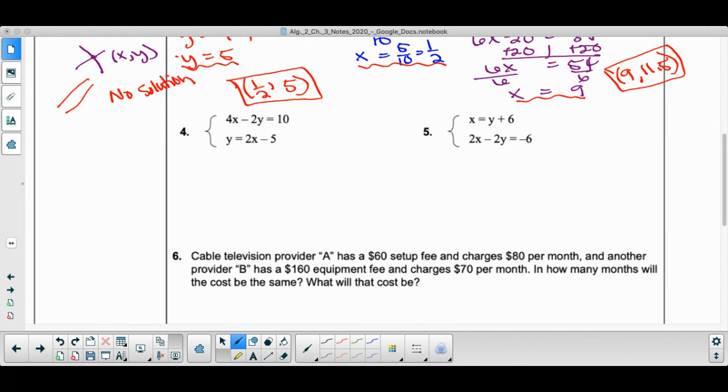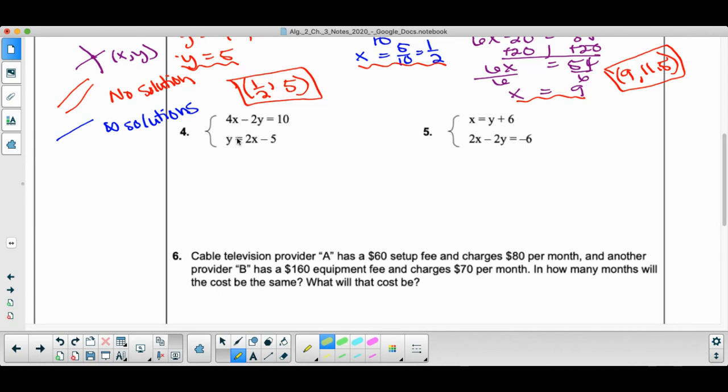If we have two equations that are the same, we have infinite solutions. All right, so it's going to be helpful to remember that as we look at number 4 and 5. You're going to want to make sure you have these diagrams for your reference purposes.